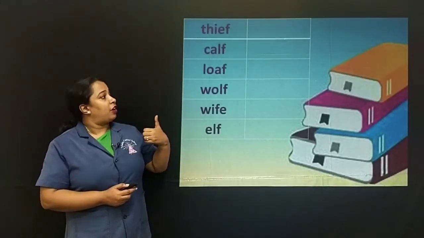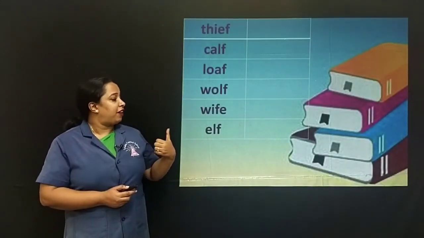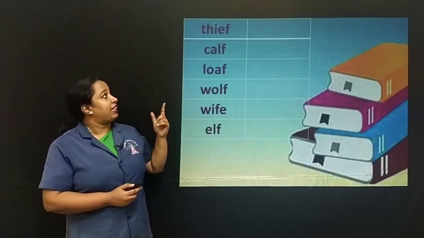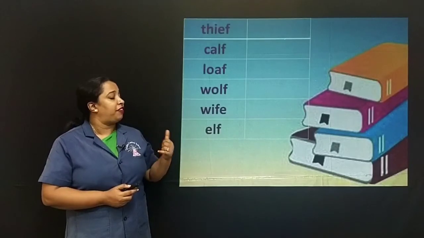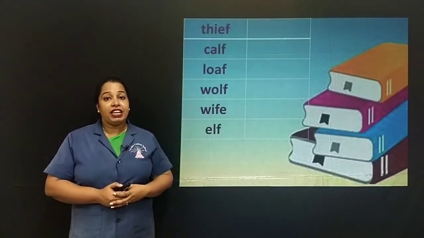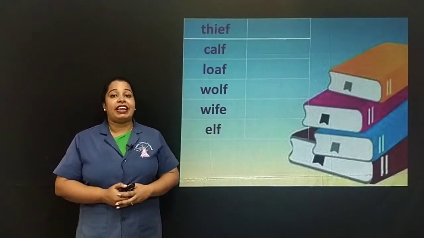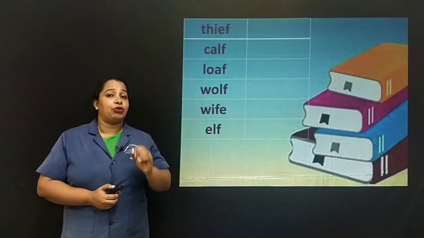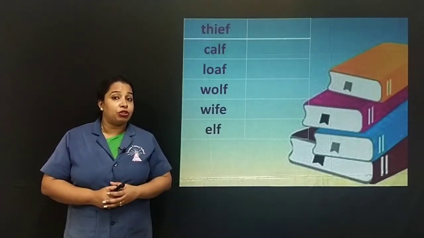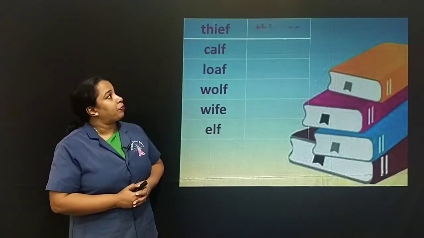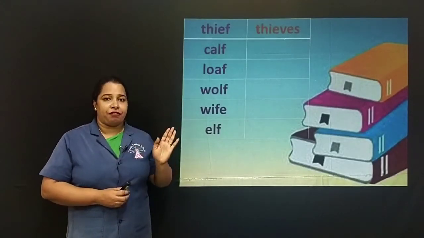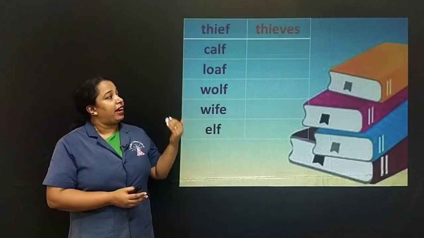Thief, calf, loaf, wolf, wife and elf. They are all ending with F and FE. Now, thief, calf, loaf, wolf and elf are all ending with F, whereas wife is ending with FE. Let's look at the first one, thief. It ends with F. So, when a singular noun ends with F, we take the help of VES, right? But how are we going to write it? We write it this way, T-H-I-E, and in the place of F, we remove the F, we throw it out and we write VES.